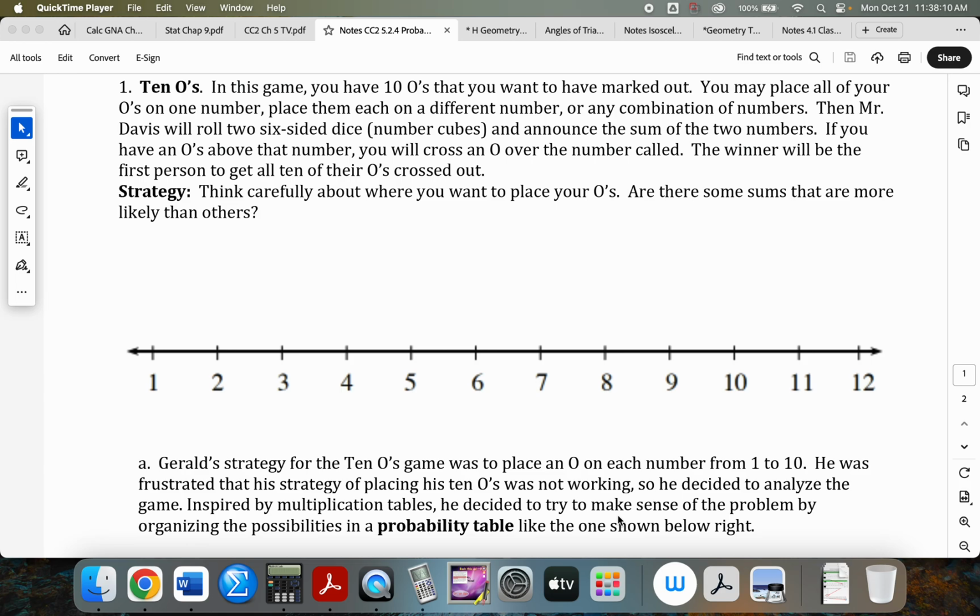Next number is also 11. Next number is 7. Next number is 8. All right. Next number is 7. Next number is 8.